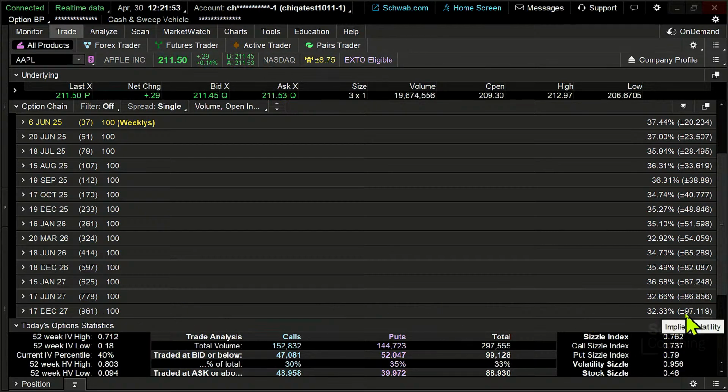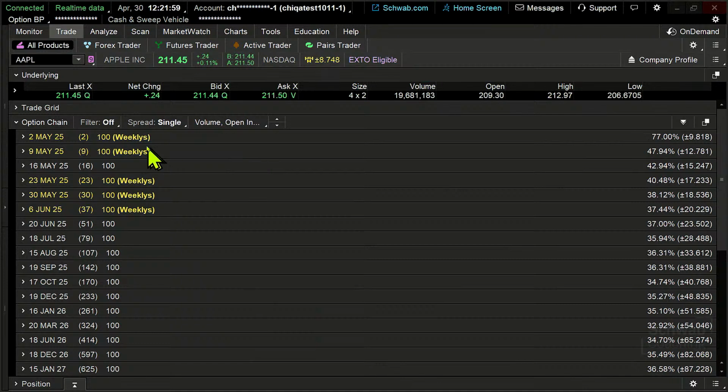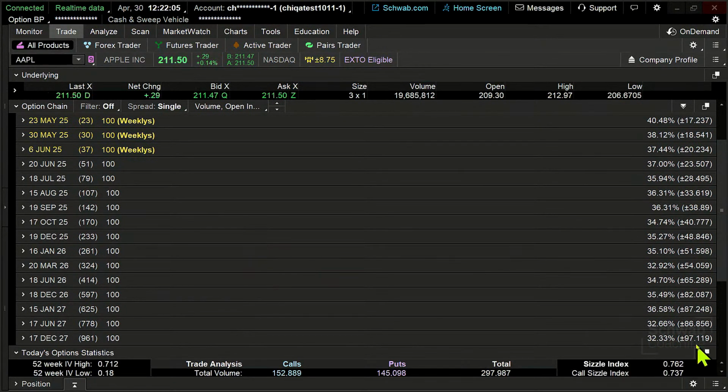And that's plus or minus about $100. So if you think about it, this option that expires in 2 days has a plus or minus of about $10, out to a plus or minus of about $100, 900 days from now. So that's enough range for the stock to move up or down quite a bit.